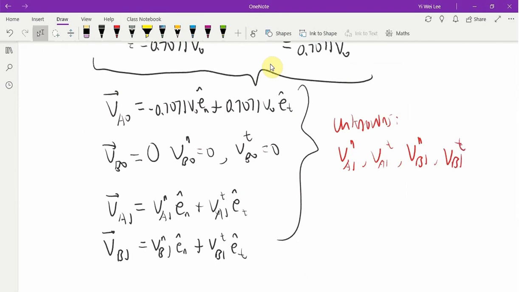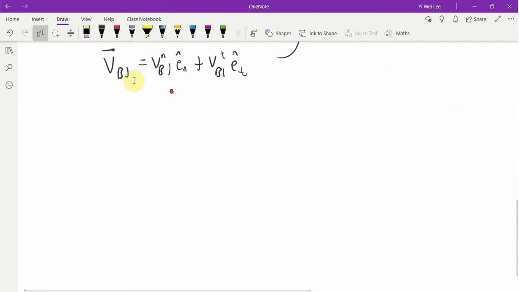There are so many unknowns here. It means we need some other equations to actually solve all these unknowns. Interestingly enough, we can apply conservation of momentum and the coefficient of restitution equation.